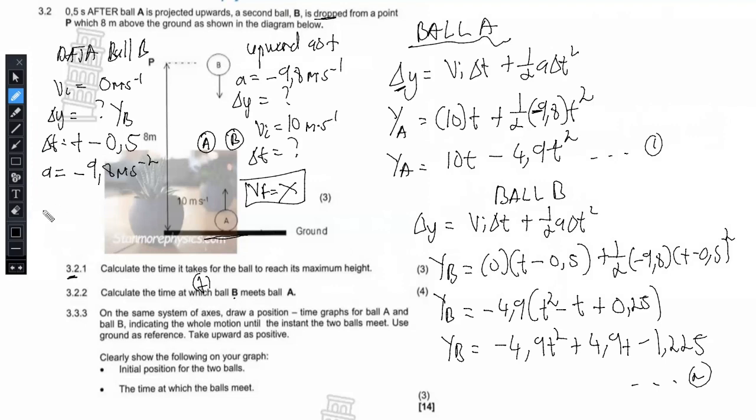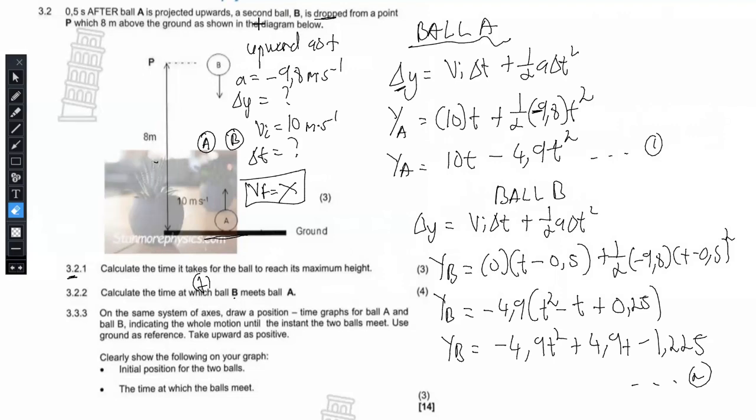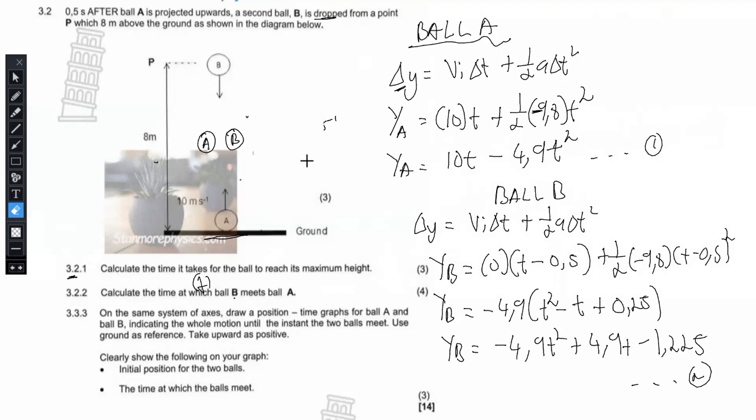But now, remember we said at the point where they meet, they would have to have the same height above the ground. But note that the direction of motion is not the same. B is going downward and A is going upward. So we have to be smart in the way we do this.